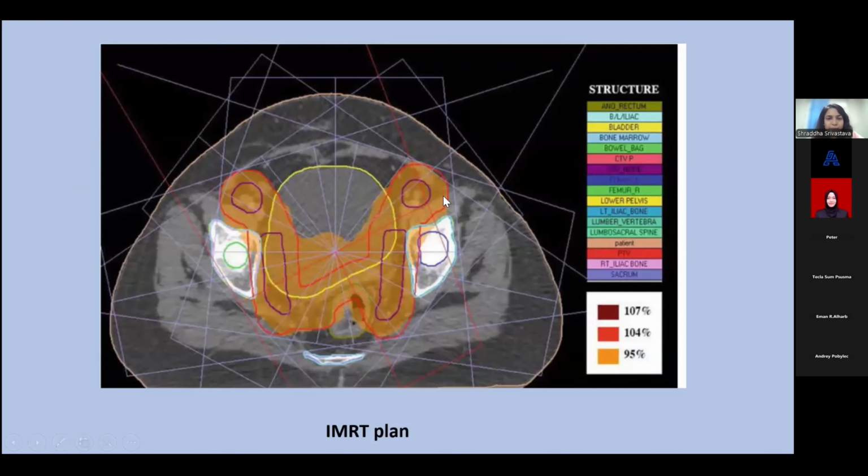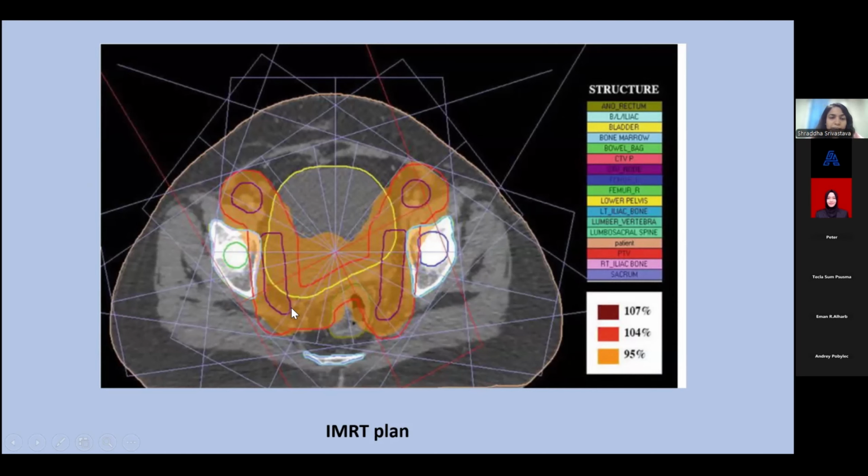This is a typical IMRT plan of a cervical cancer patient, where the tumor volume has been delineated and shown with a red color contour. Around this red contour, we can see the dose distribution, how the radiation has been distributed, and it is well conforming to the tumor volume.